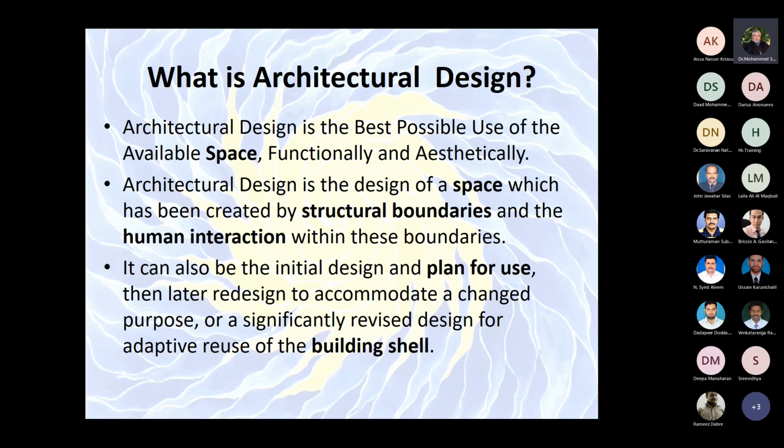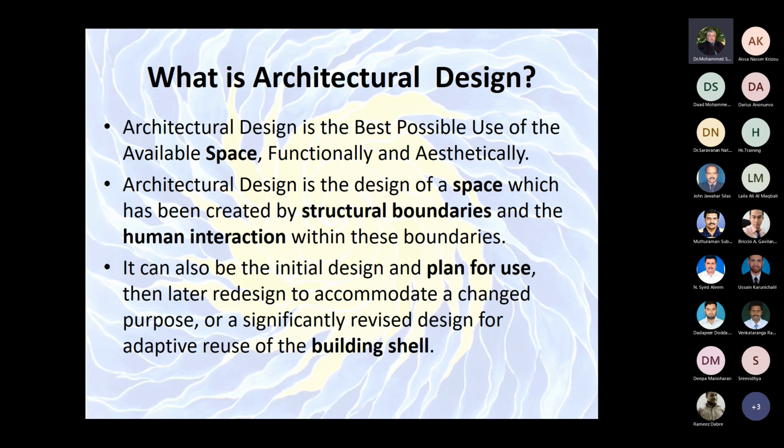What is architectural design? Architectural design is the best possible use of the available space, functionally and aesthetically. Architectural design is the design of space which has been created by structural boundaries and the human interaction within these boundaries.